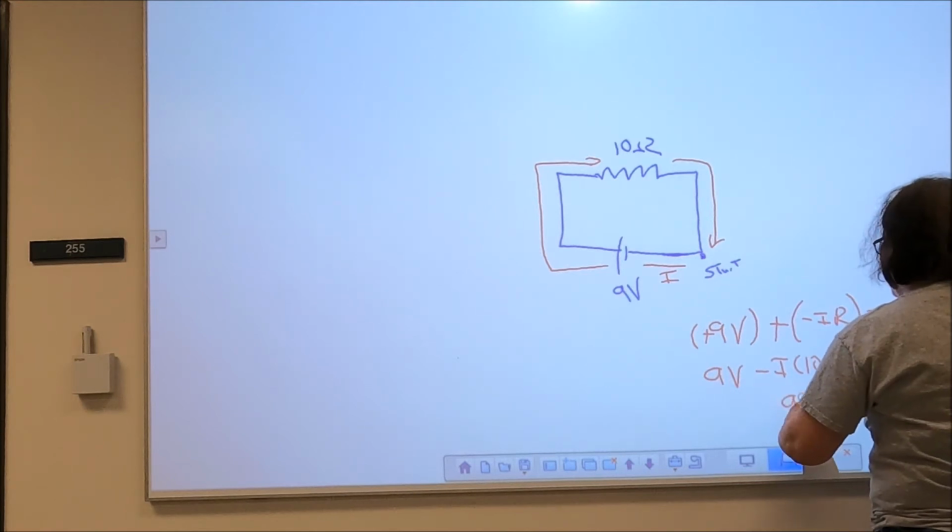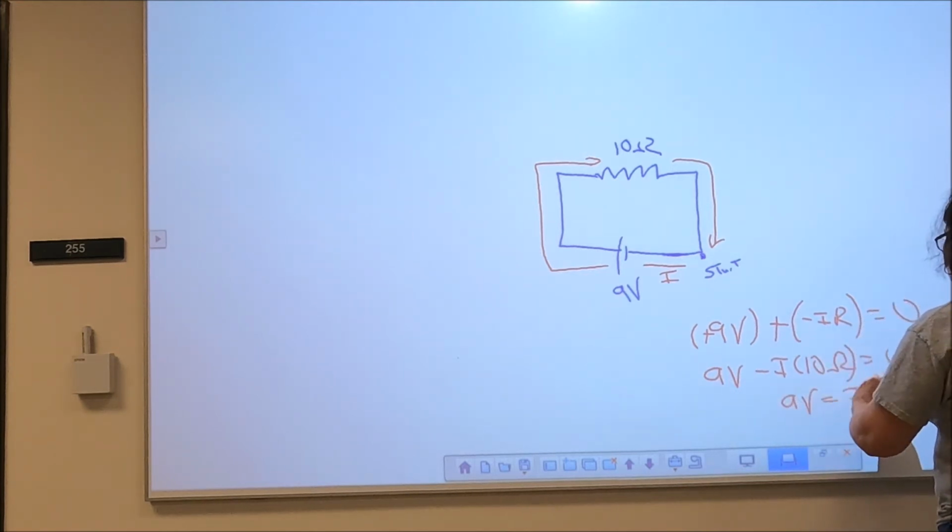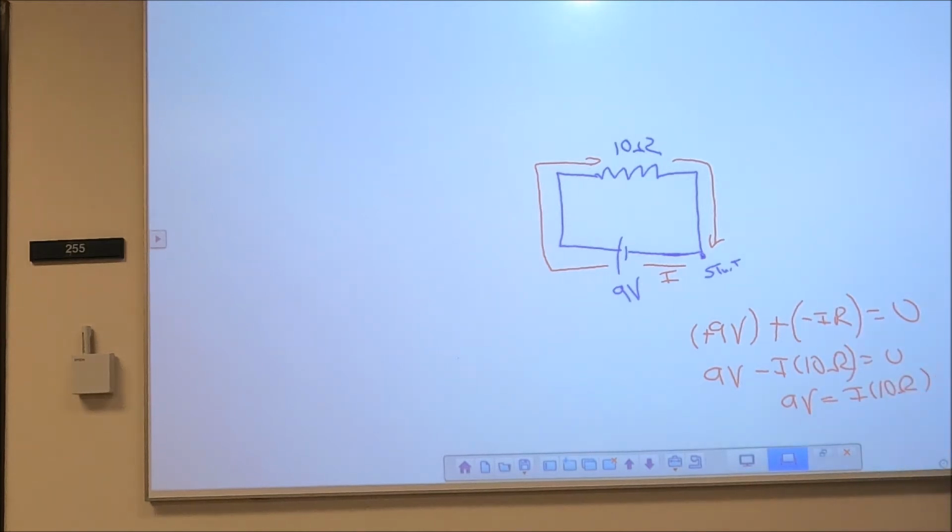So I have 9 volts is equal to I times 10 ohms. So I is 9 divided by 10, or I is equal to 0.9 amps. Okay? Now, let's just up it a little bit.